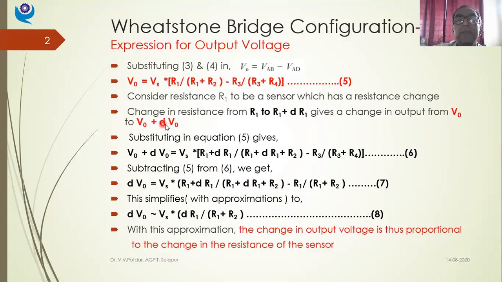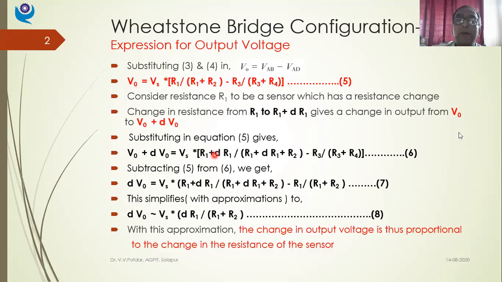From equation number 5, let us write this as equation number 6. If it is a temperature sensor, that sensor is immersed in a temperature bath. With increasing temperature, the resistance has changed, it has increased, let us say. The bridge is unbalanced, it has started showing me output voltage. So that output voltage change is dV0.